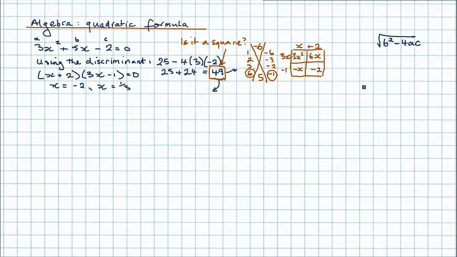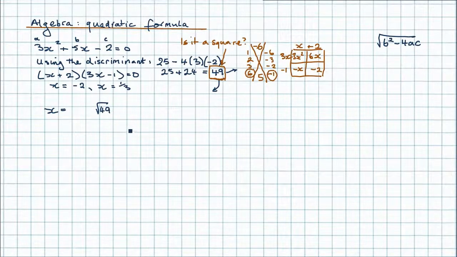So all you've got to learn is the discriminant and then realise that all I've got to do is put it under the square root sign. So x equals, I'm going to leave a little gap here, the square root sign and the discriminant underneath the square root sign.